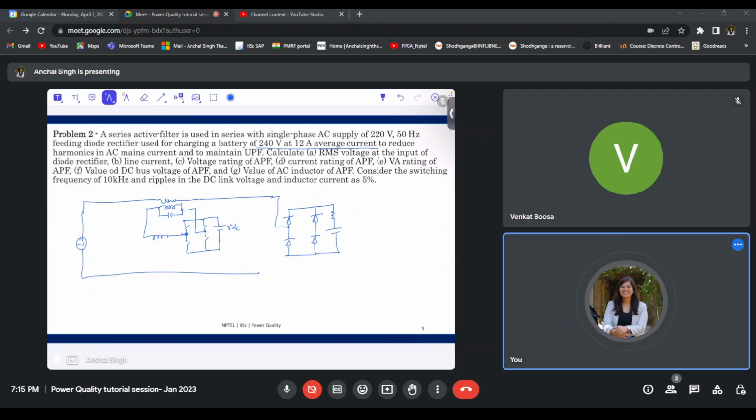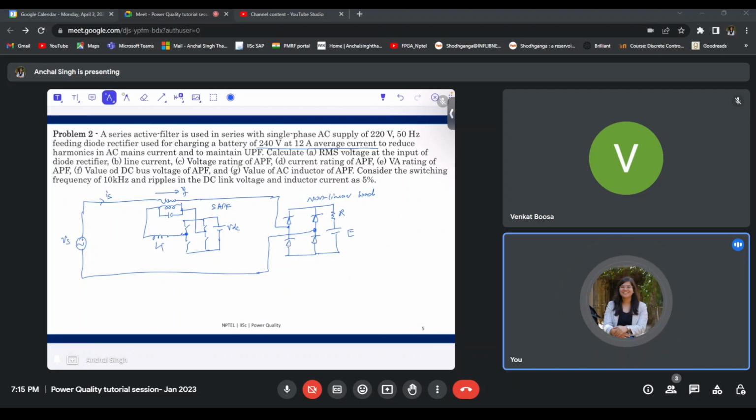I can connect my system to the load like this. Let me say this is R, this is E, so this is a non-linear load. We have already looked at the waveform of this load, right? And this is a series active power filter. This is IS, this is VS, this is VF. Let me call it LF, and this is VDC.